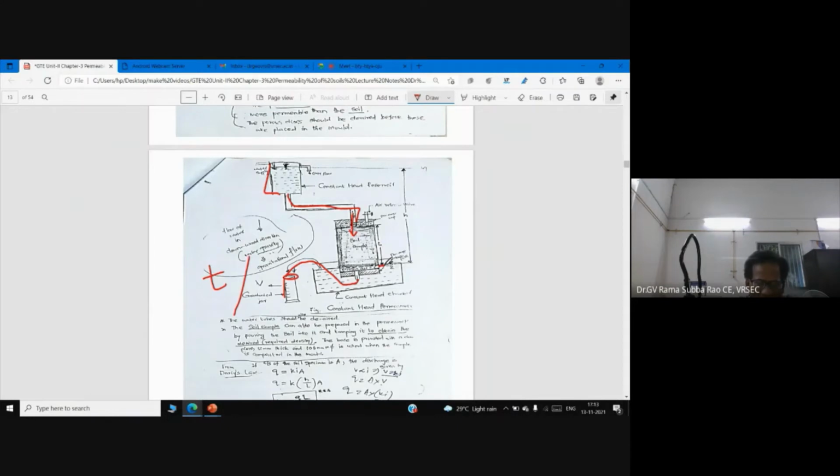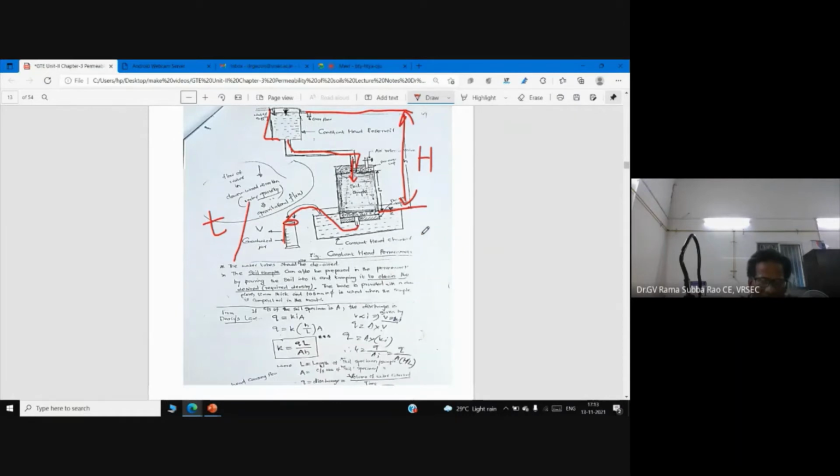This is the outlet. Now I am showing the constant head. One can see that during our laboratory work we got a constant head of 142 centimeter, measured right from the bottom of the soil sample to the water level.